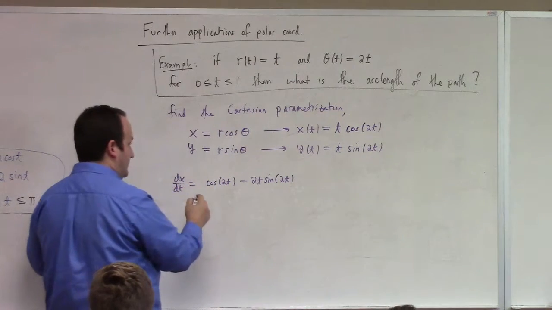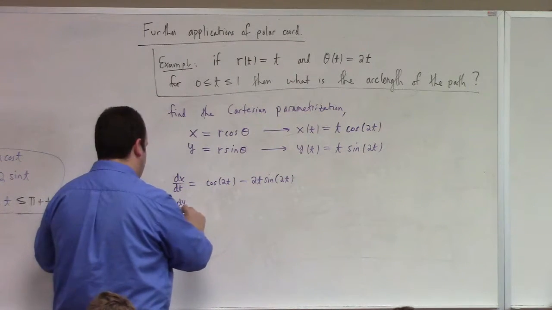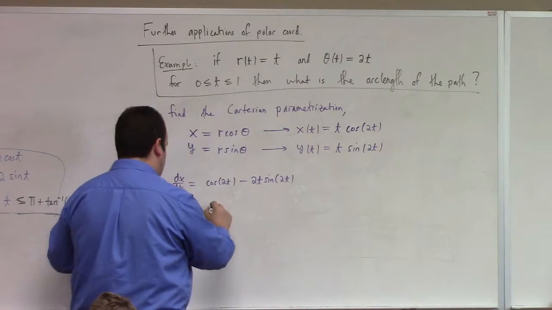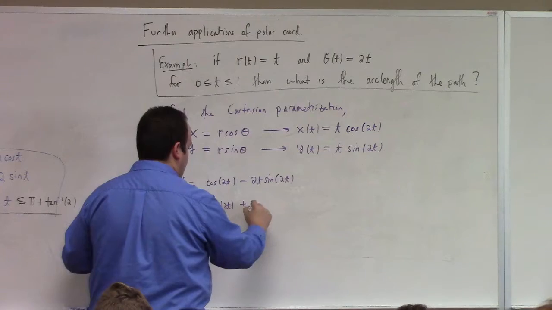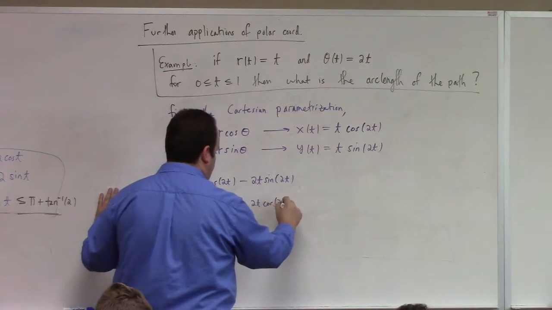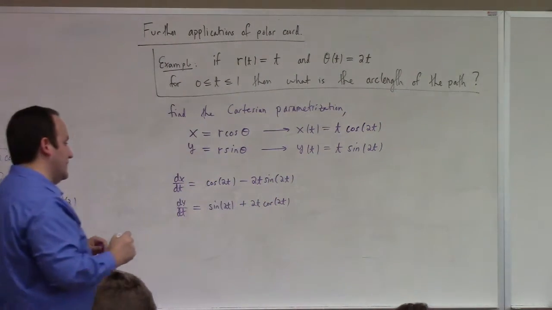By the chain rule, right? dy/dt is sine 2t plus 2t cosine 2t by the product rule and chain rule.